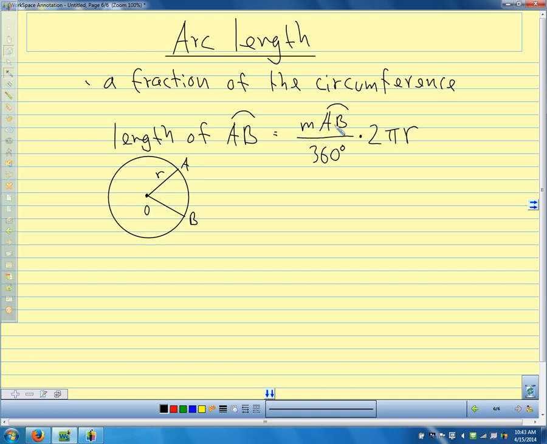So the measure of arc AB is a central angle. We divide that by 360. That tells us what fraction of the entire circle that arc takes up. And then we multiply that by the circumference of the entire circle to tell us what fraction of the distance around the circle we go to get from point A to point B.